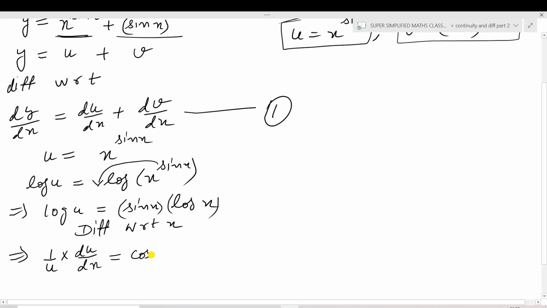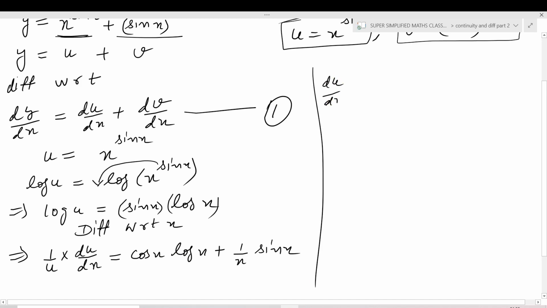Derivative of sin x will be cos x into log x, plus derivative of log x will be 1 by x into sin x. Now when we find the value of du by dx, we shall cross multiply this u on the right hand side, and we will have cos x log x plus sin x upon x.